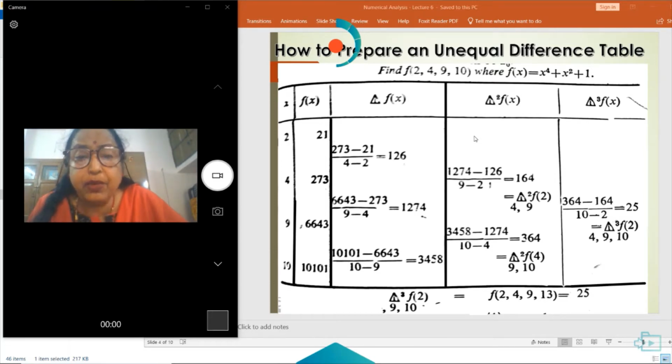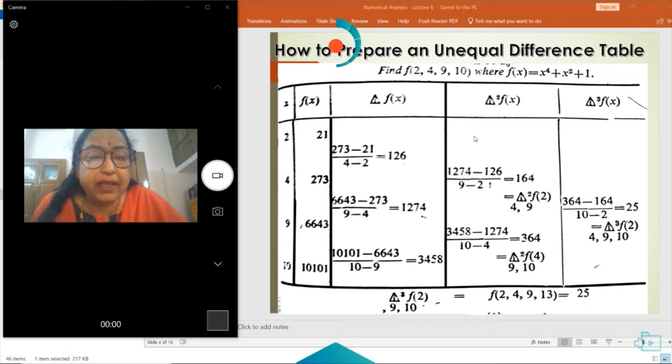then fx2 and fx3. Next, 126, we call it as f x0 x1 or divided difference f2, or this one 1274 as f x0 x1 x2 or divided difference f2.